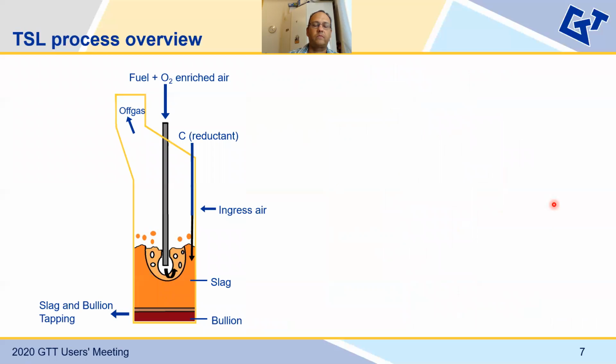So the process occurs like the following. The concentrate plus fluxes are fed into the smelter. Then, by blowing the oxidizing agent, which is air enriched with oxygen, just below the surface of the charge, you form the following products or zones in the furnace. The first one is the bullion zone, where the metallic lead will accumulate.